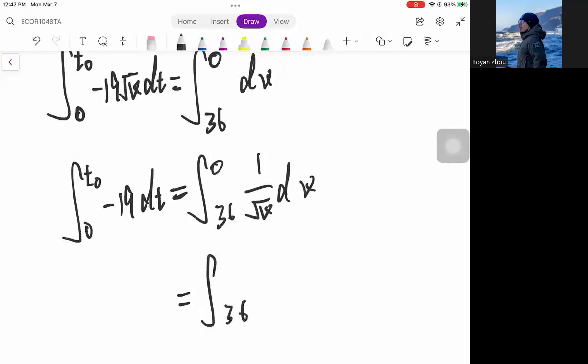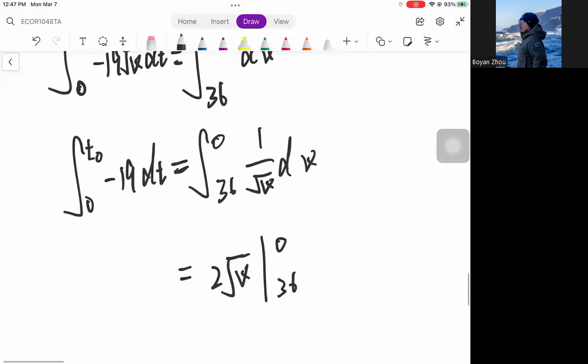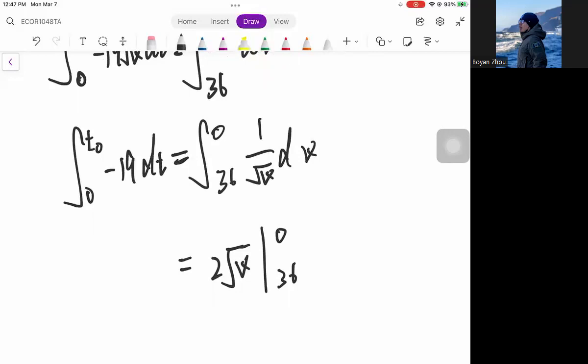On the right hand side, doing the integration, is actually 2 square roots of v, evaluated from 36 to 0. And on the left hand side, we only have a constant, also evaluated from 0 to t naught. So it's going to be pretty straightforward, just negative 19 t naught.